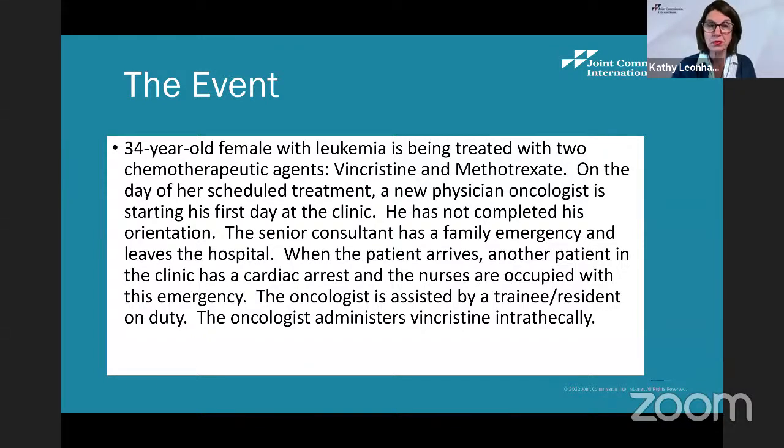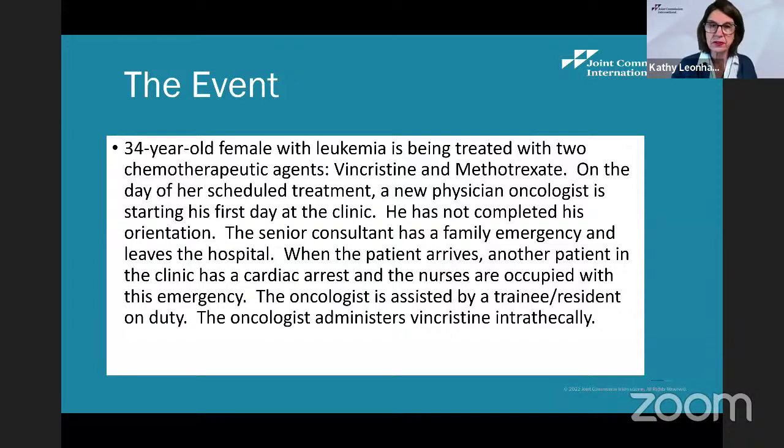But the 34-year-old patient is waiting for her chemo. So the oncologist asks one of the trainees, a resident on duty, to help assist him. They collect the medications, the patient's prepped, and the oncologist administers the vincristine intrathecally.